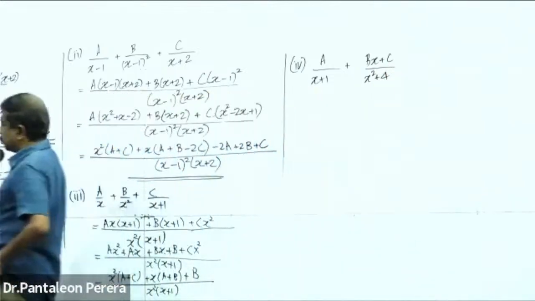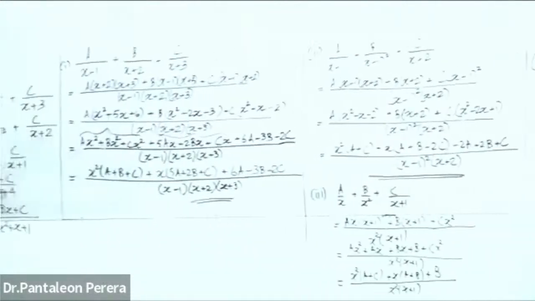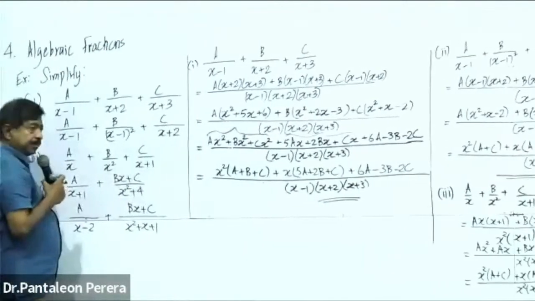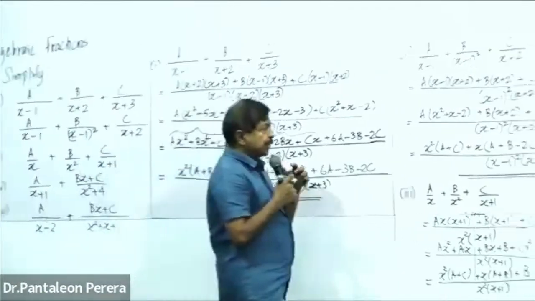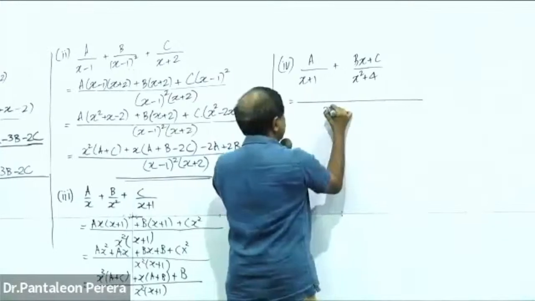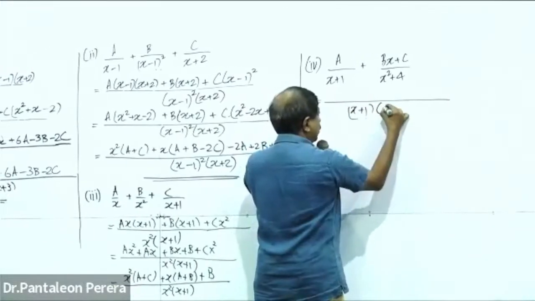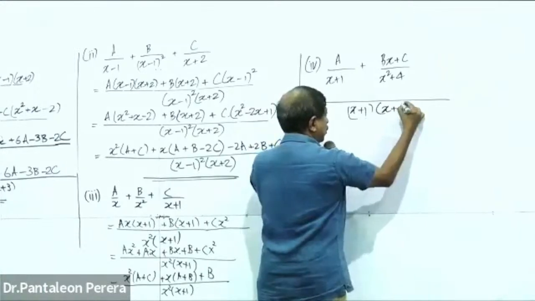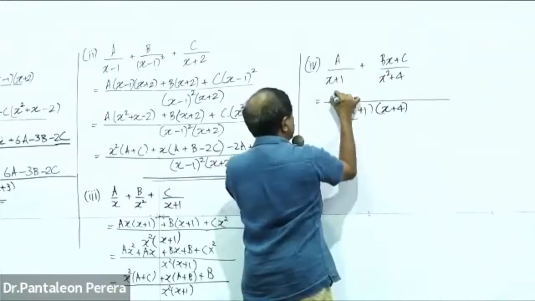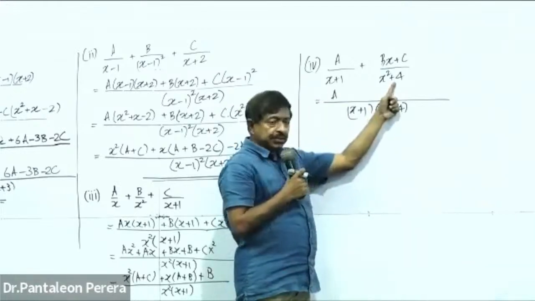bx plus c over x squared plus 4. Now, just by multiplying these two, you can get the common denominator. It's not a big deal there. Now, the downstairs has been obtained by multiplying these two.